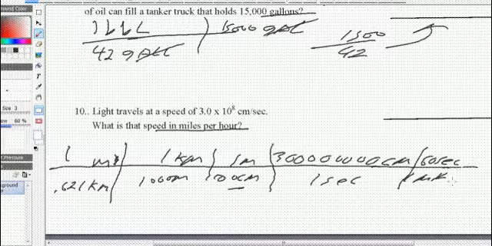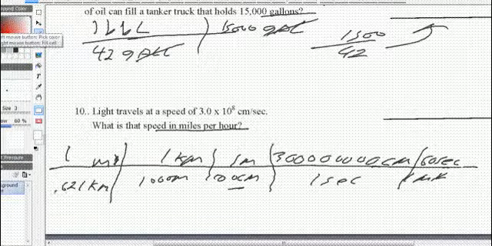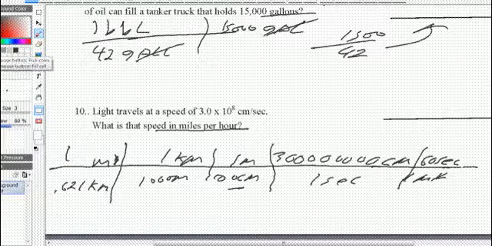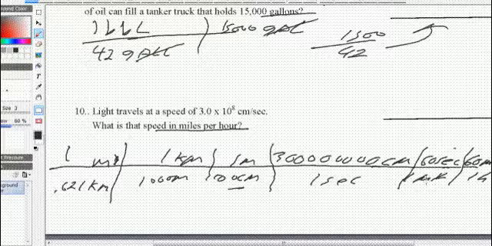There are 60 minutes in 1 hour. What cancels? Seconds cancel. Centimeters cancel. Meters cancel. Kilometers cancel. So that should be your answer.